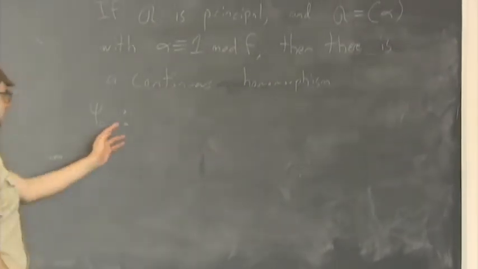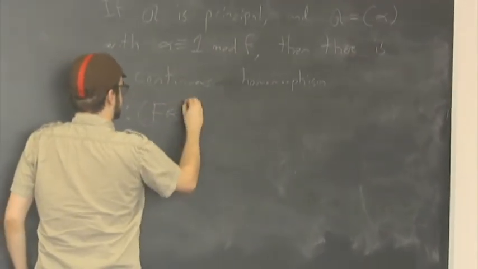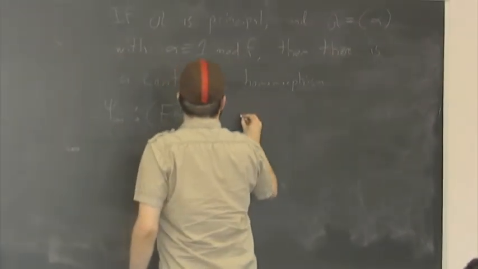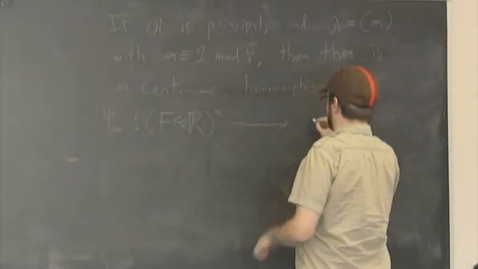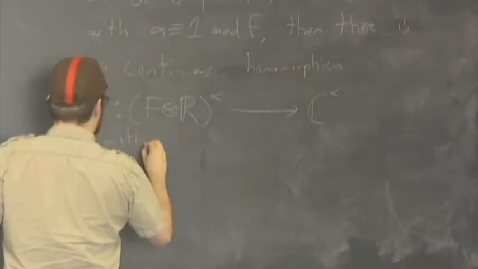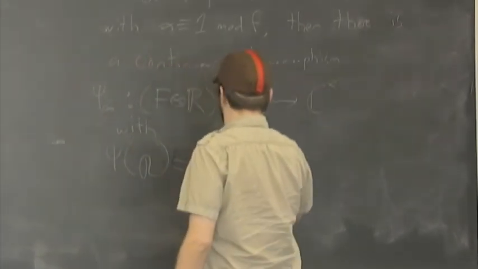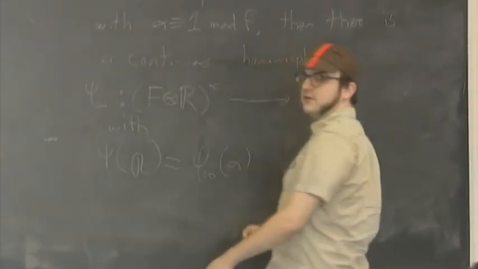I should really call it psi infinity inverse, but that's not too important. From F tensor R cross to C cross with psi of the ideal A equal to psi infinity of alpha.